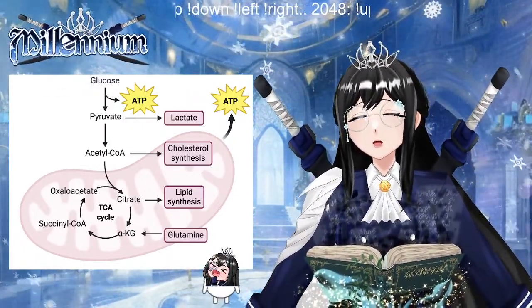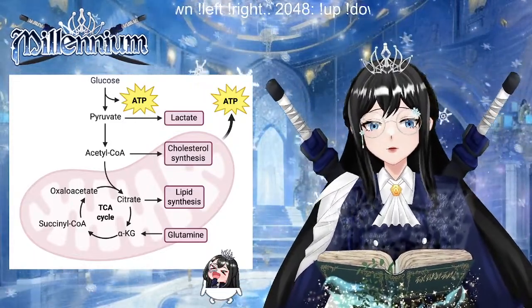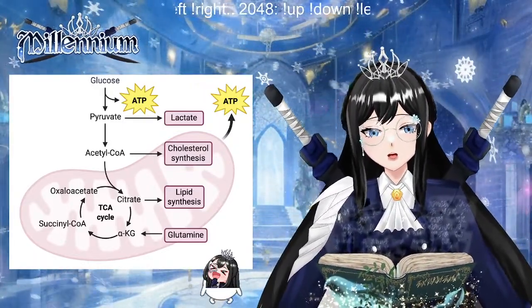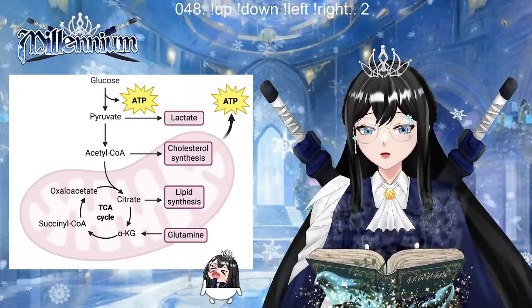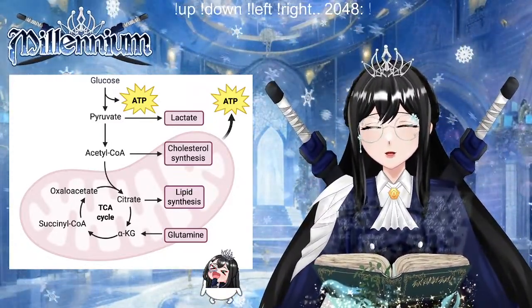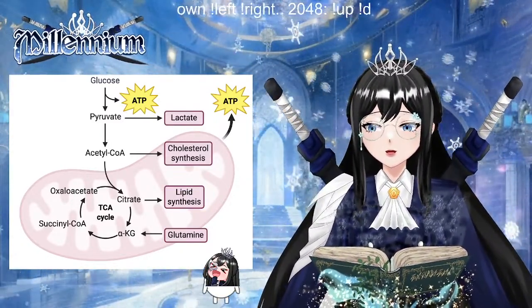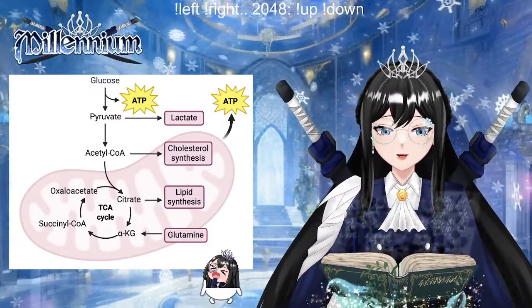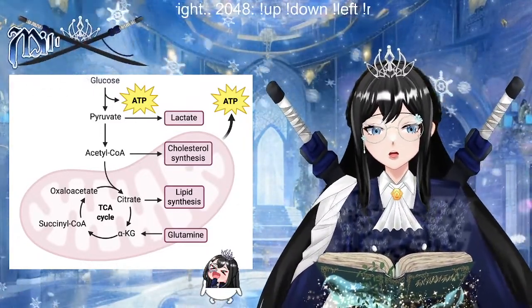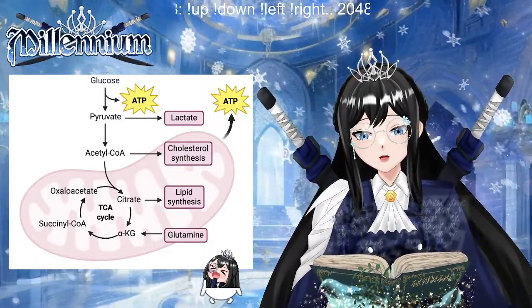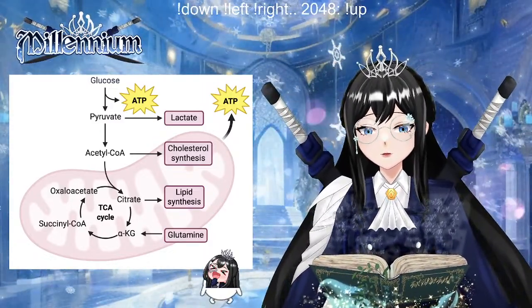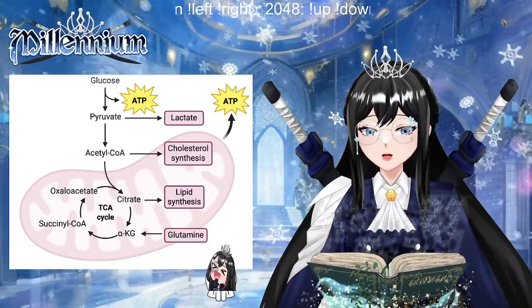So again, the first step in metabolism of glucose is glycolysis, and it occurs in the cytoplasm. Glycolysis breaks down a molecule of glucose into 2 molecules of pyruvic acid.